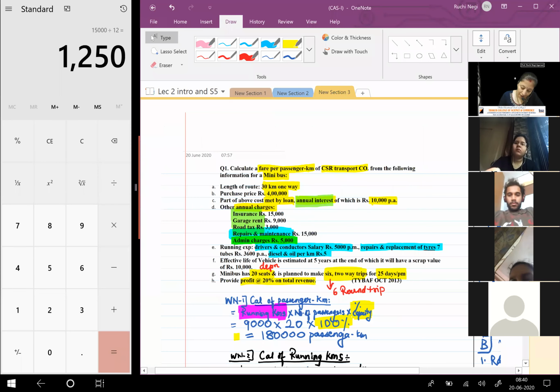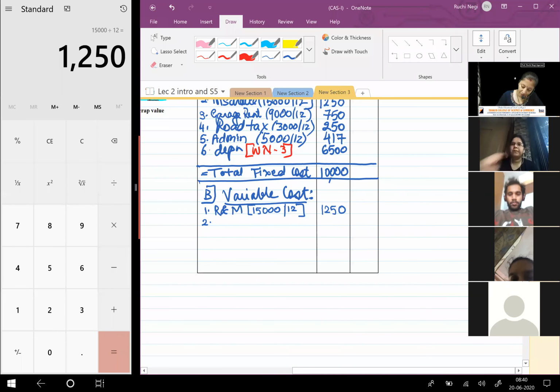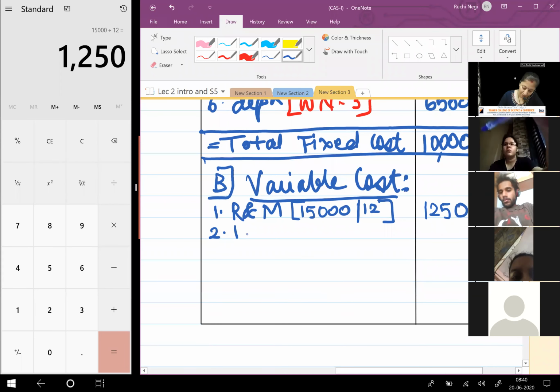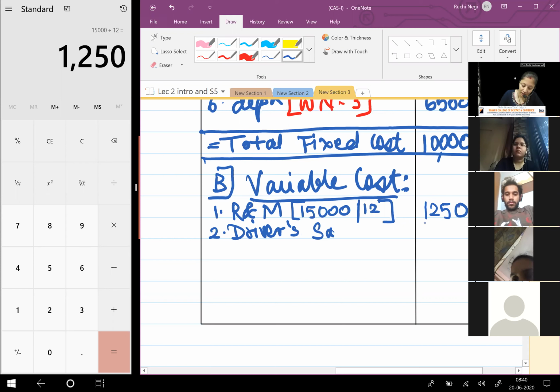So right here, second, driver's salary, 5,000 per month. This we will not divide by 12 because it is monthly only. We need monthly figures, we don't want yearly now. If it is yearly, convert it to monthly. If it is already monthly, why convert it? It is already in the correct form.